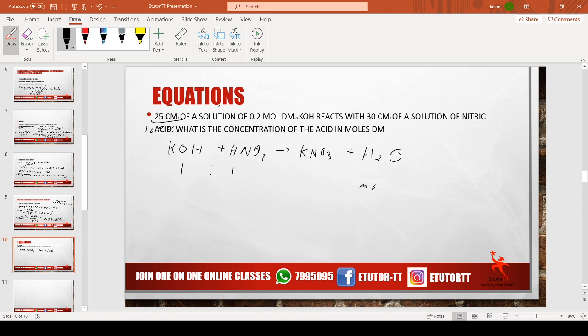So to work out moles equals 0.025 multiplied by 0.2, which gives us 0.005 moles. So you have reacting with 0.005 moles. So we know the moles of the acid now.